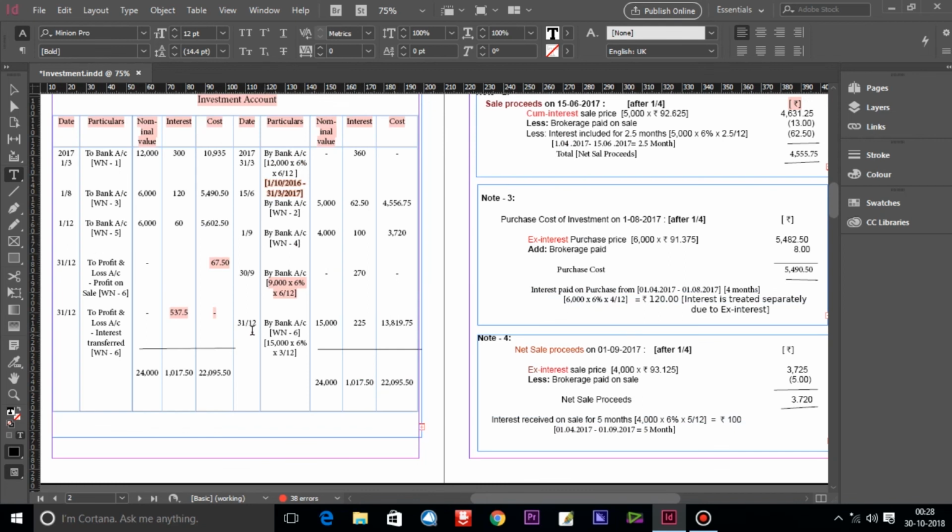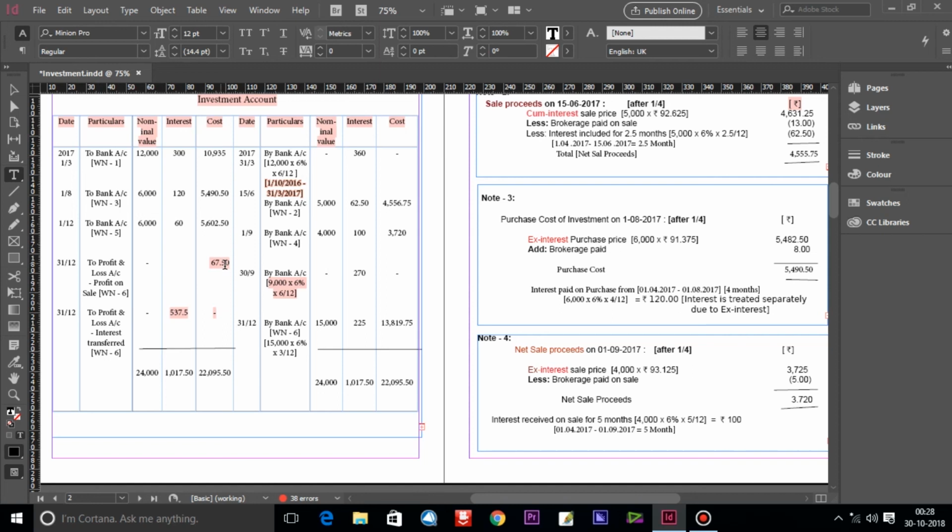And ultimately 270 we have already got it, and 225 we also got it. Therefore, you balance debit side and credit side, and we got this amount.